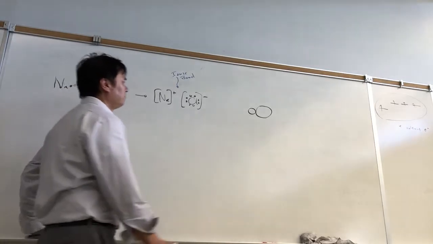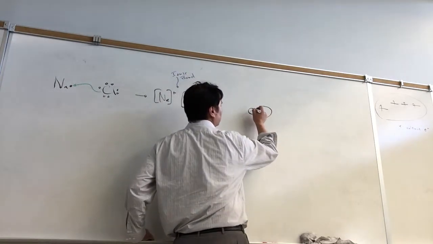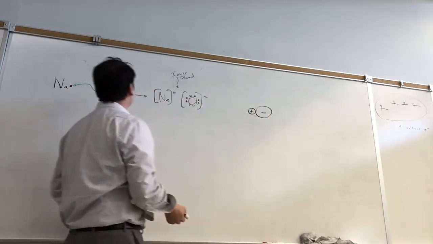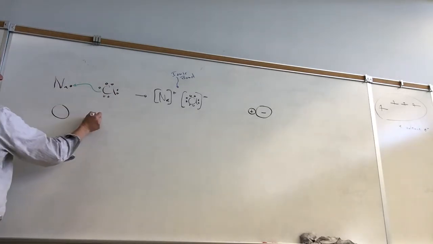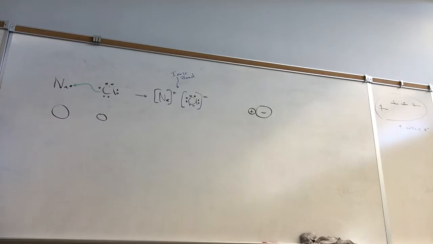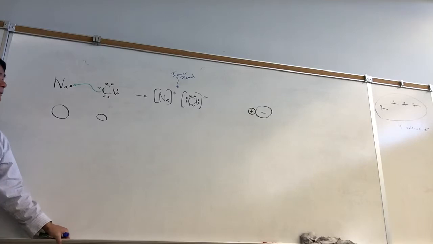Chloride's the big one. And so it actually reverses, because as far as atoms go, is sodium a bigger atom than chlorine? Yes, for atoms, yes, and then it flips.